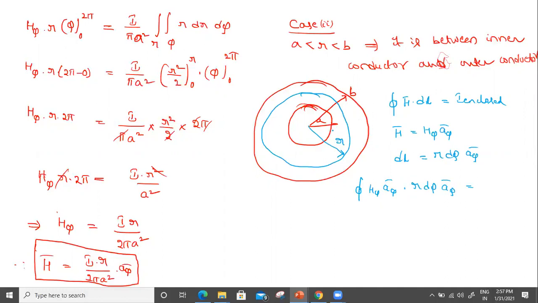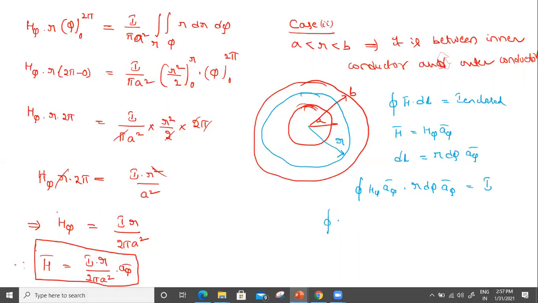That means the inner conductor carries the current I amperes, which is moving outwards, whereas the outer conductor carries the current I, which is moving inwards. So outwards means the same current I. Therefore, this I enclosed can be written as I. If we simplify this, a phi dot a phi will be 1.